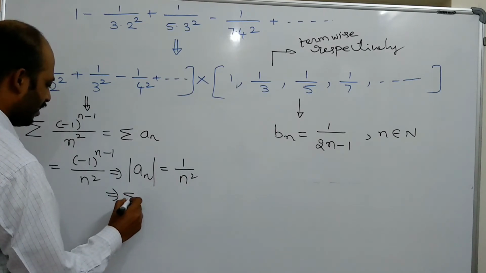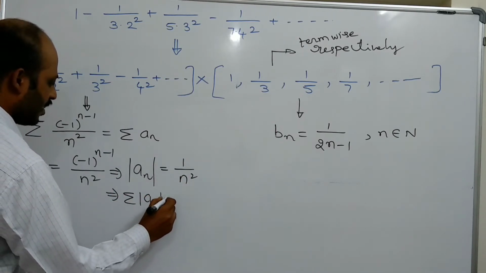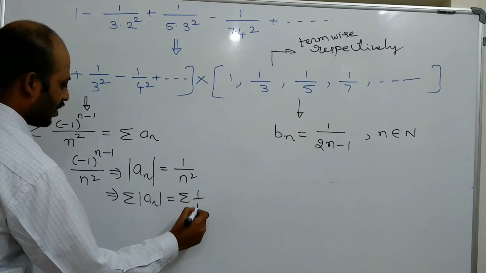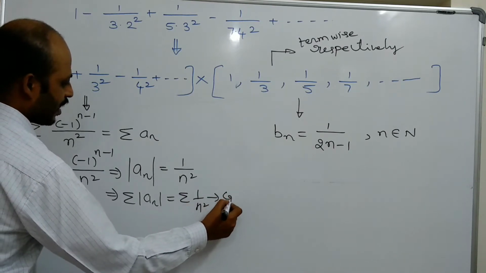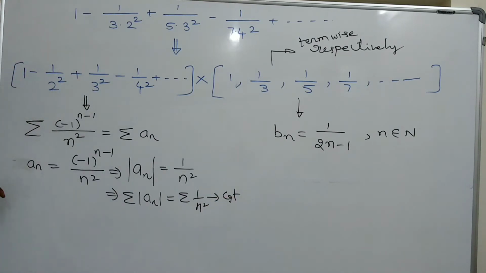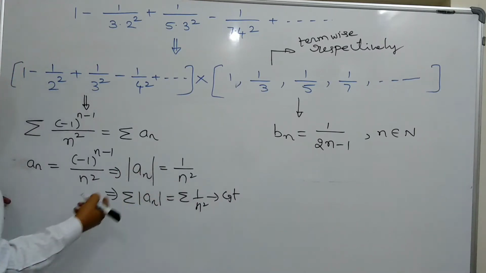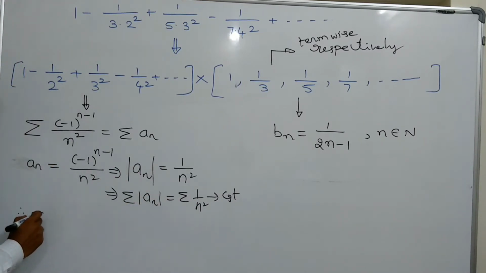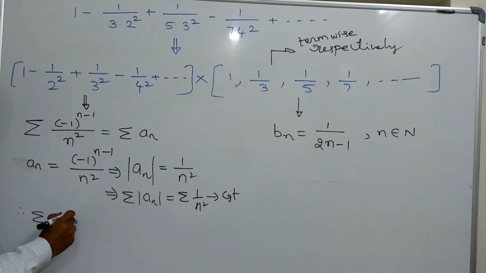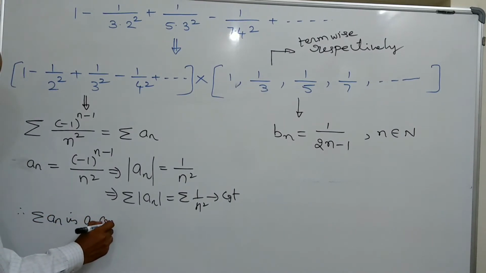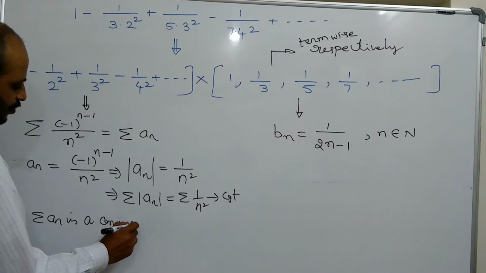Summation mod an is equal to summation 1 by n square. This is a convergent series. If summation mod an is convergent, therefore summation an is absolutely convergent.